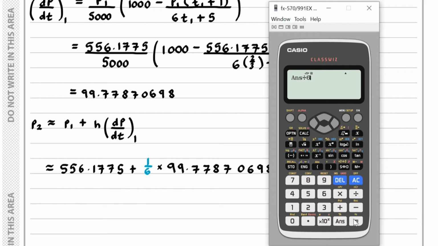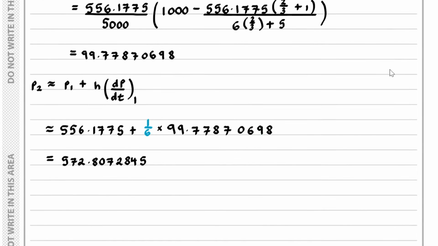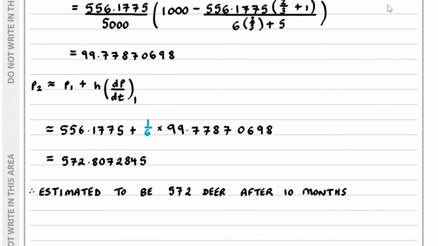So if I divide this value by 6 and then add on 556.1775, what we end up with for P2 is 572.8072845. And so what we can conclude from here is that there are an estimated 572 deer after 10 months.